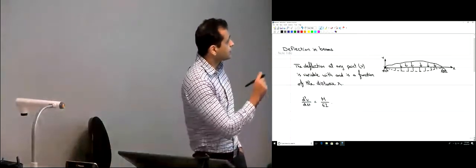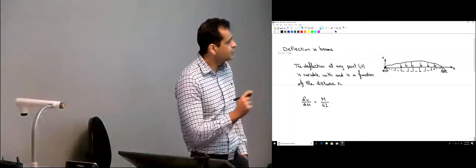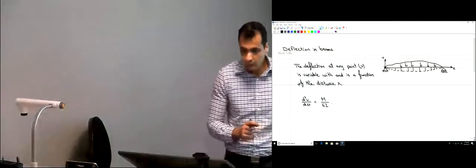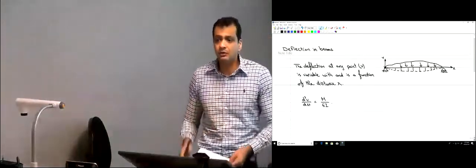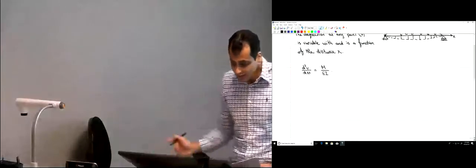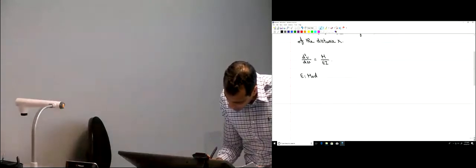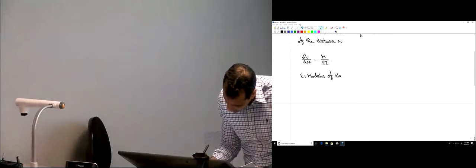So d²v/dx² is equal to M, the moment, divided by EI. M is the internal bending moment. So what's EI? E is the modulus of elasticity of the material that the beam is made of.